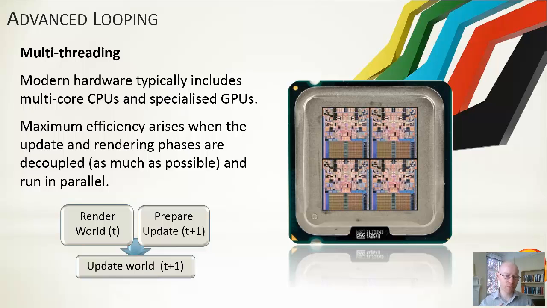So at time t, we want to draw the world out for time t, and at the same time, we want to be running our update processes for time t plus 1. So we're planning for the future and drawing the current state. Then we have a swapping phase at the bottom where our planning gets wrapped into the current world. So in this case, we can do planning and drawing effectively concurrently, and that's a more efficient way of utilizing the types of devices that we're using.